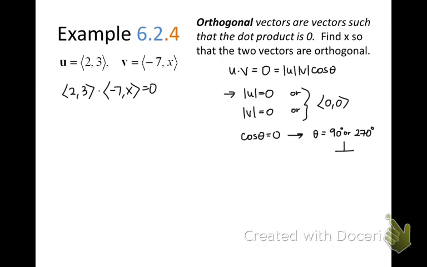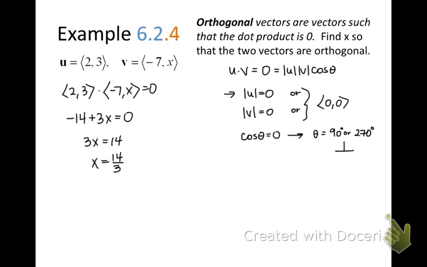If you calculate that dot product, you get negative 14 plus 3x equals 0. And then you can just easily solve that for x, and you're done. You'd have to know what orthogonal means, though.